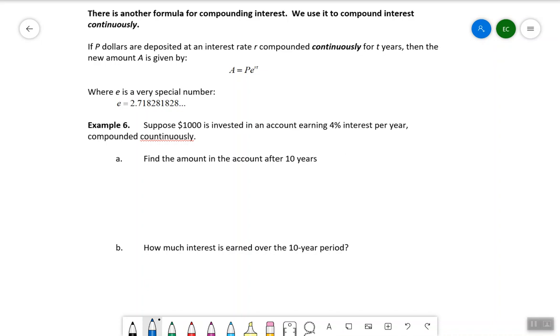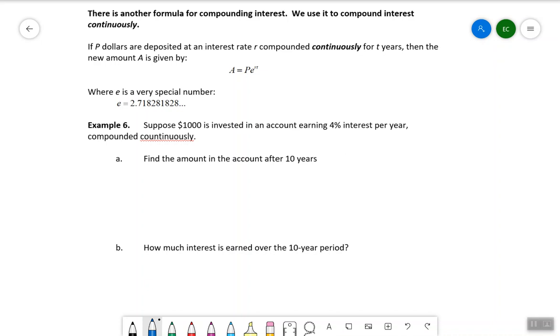Well, the answer is no. There's something called a diminishing return. As we compound more and more often, we get less and less back out of it. And so then what's the most often you could compound? You could compound continuously, which leads us into this formula. I won't show you where it comes from, but we'll use it.